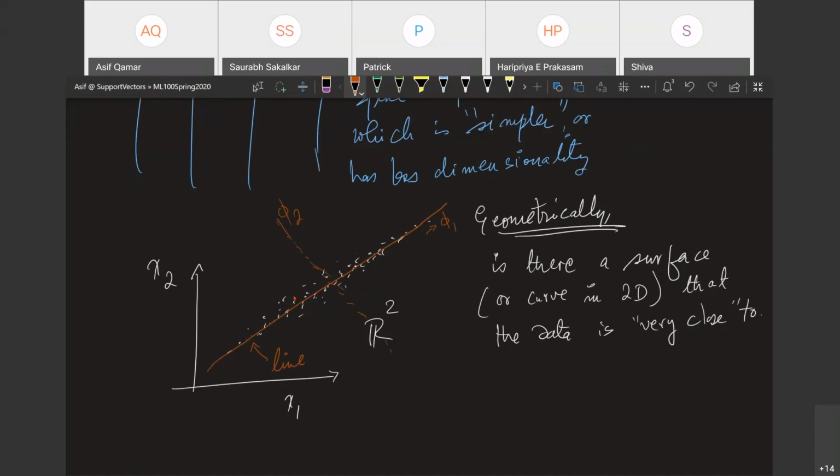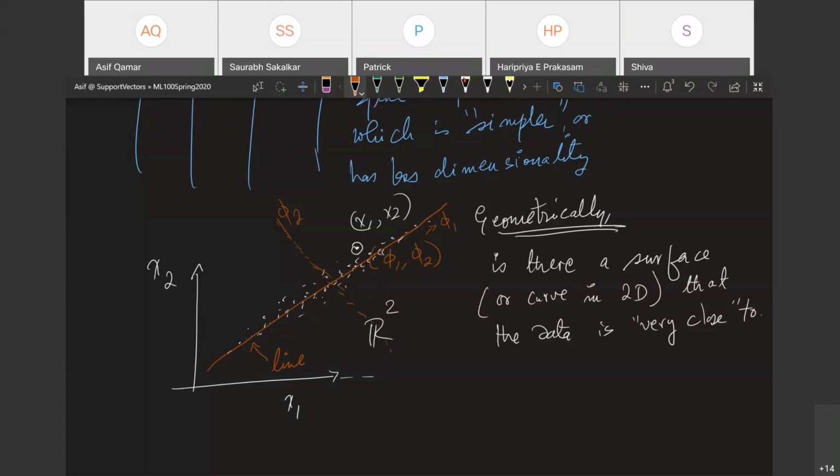So now, if you take any point, let's take this point, you realize that this point can be represented using the x1, x2 coordinate system, but it can also be represented in a different coordinate system. This phi1, phi2, it also has a phi1, phi2 value.